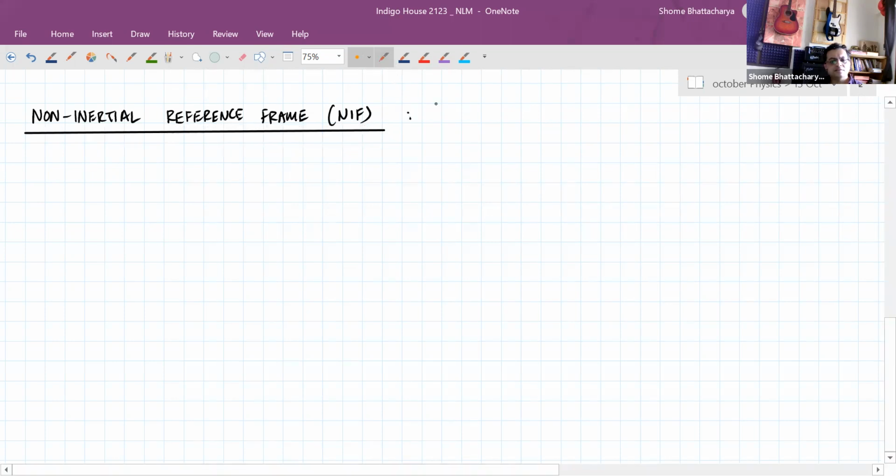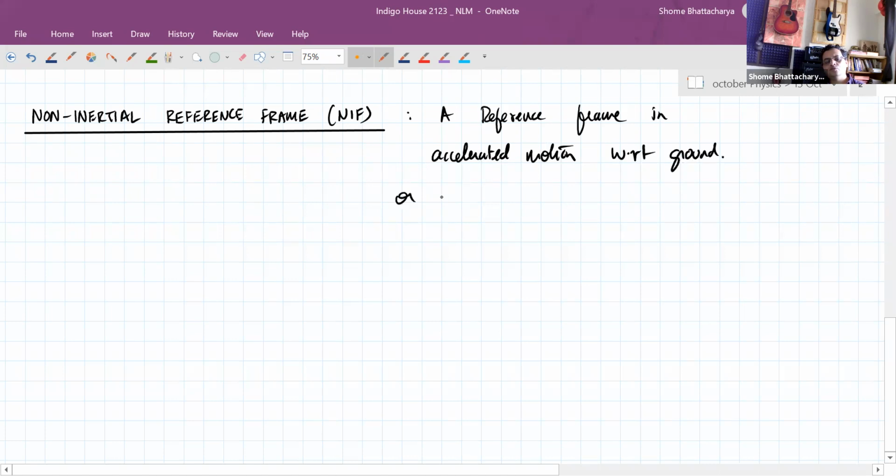So it is a reference frame which is moving with some non-zero acceleration, or it is having an accelerated motion with respect to the ground frame. So this is a reference frame in accelerated motion with respect to ground, or basically moving with non-zero acceleration with respect to the ground frame.